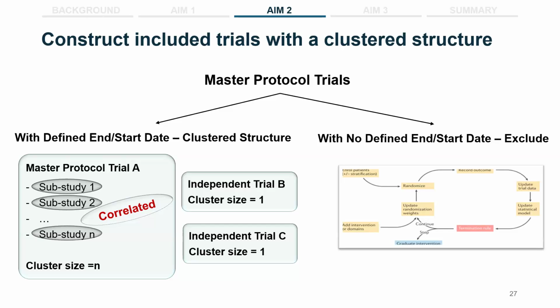For example, if a master protocol has n sub-studies under it, then the cluster size will be n. And if a trial is not a master protocol, then it will be its own individual trial with cluster size equal to 1. Large platform trials with no explicit start or end date will be really hard to include in the analysis, so we will exclude those trials.